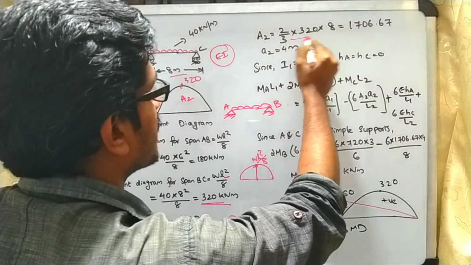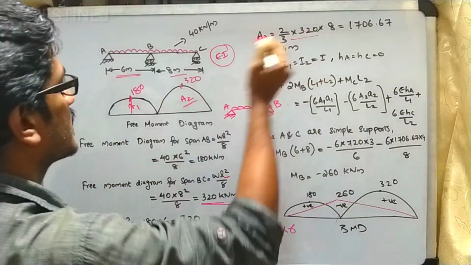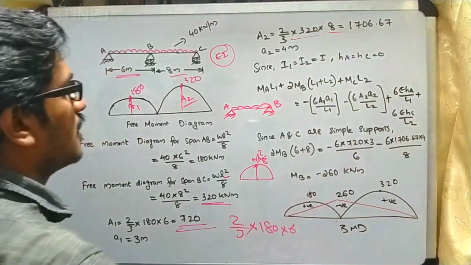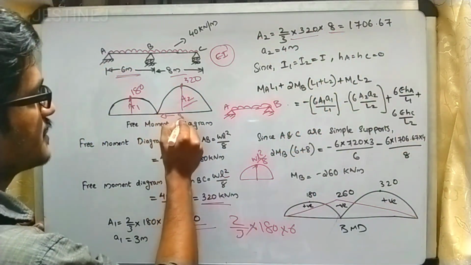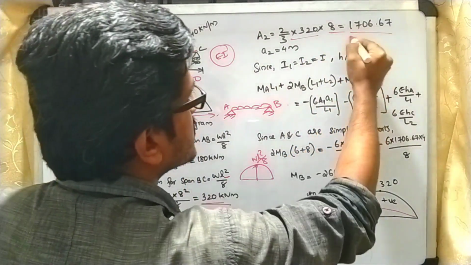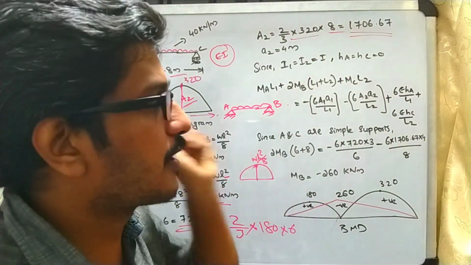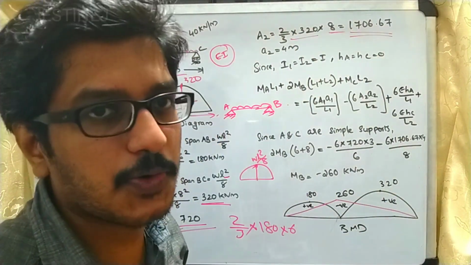Similarly, you also calculate A2, where 320 is the maximum ordinate and the span length is 8 meters, so you will get 1706.67. While calculating, please use the calculator also.